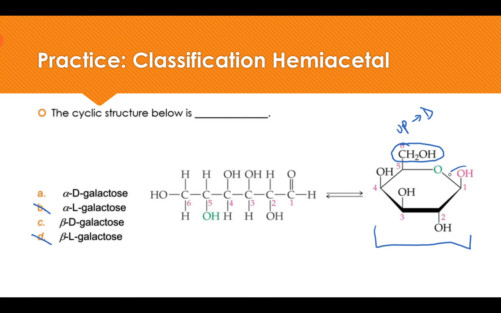This OH group is on the same side. Same side means beta because I can draw a beta with bumps on both sides. And so this particular drawing is beta D galactose.